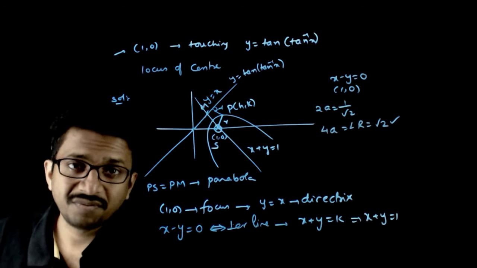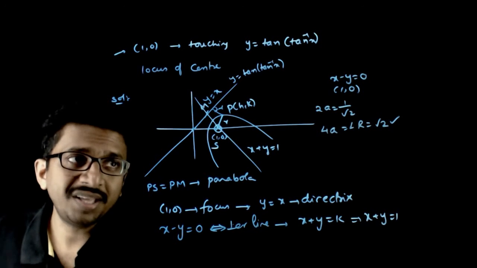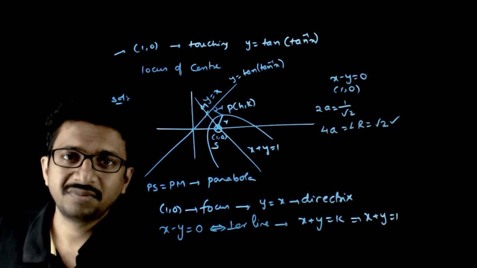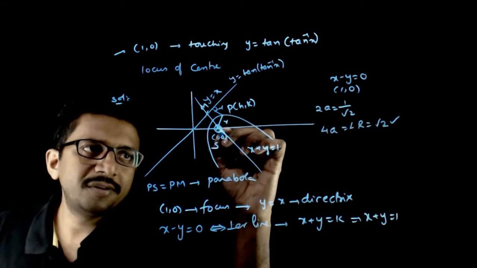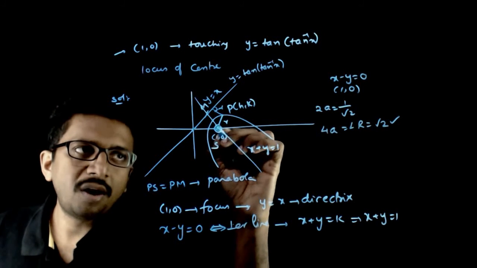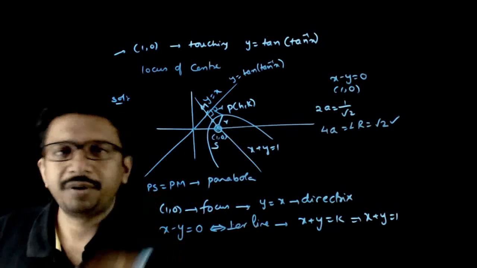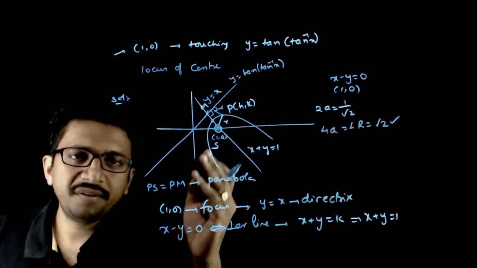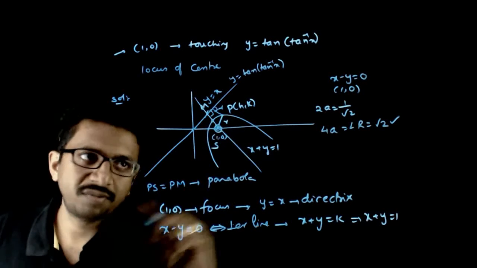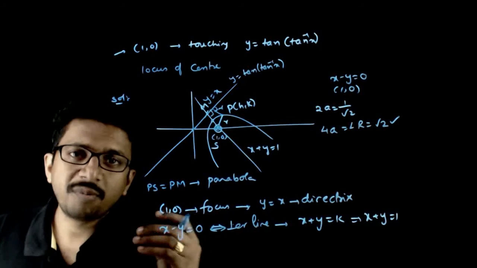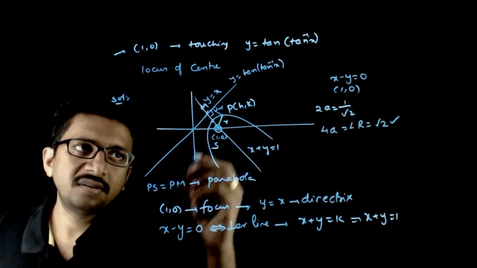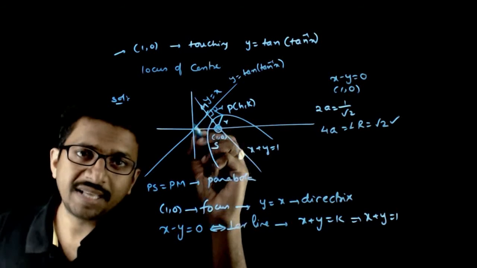If you want the vertex of this parabola, you just need to find the foot of the perpendicular from S on the line y equals x, and then get the midpoint of this. I will use the formula for the foot of the perpendicular first.